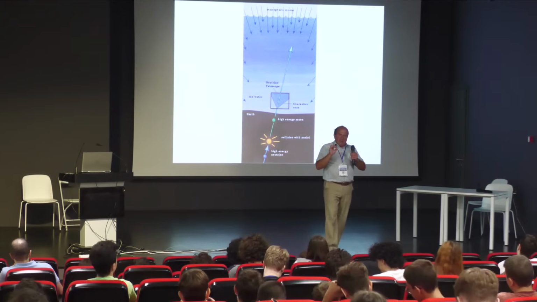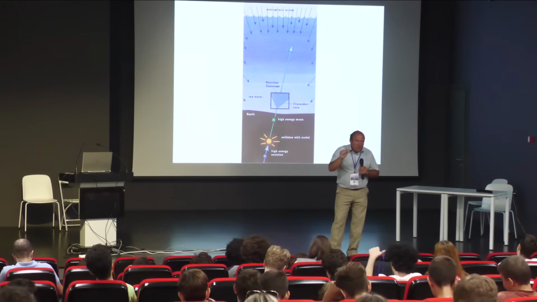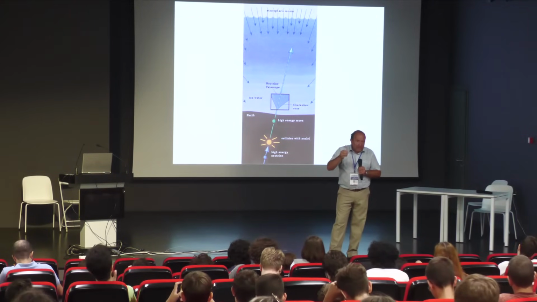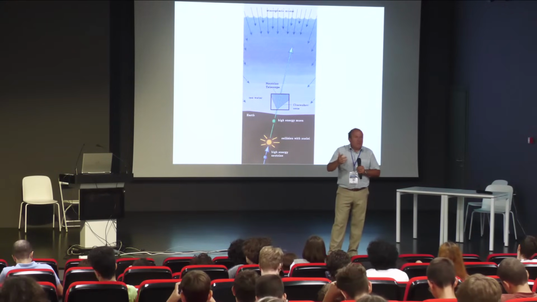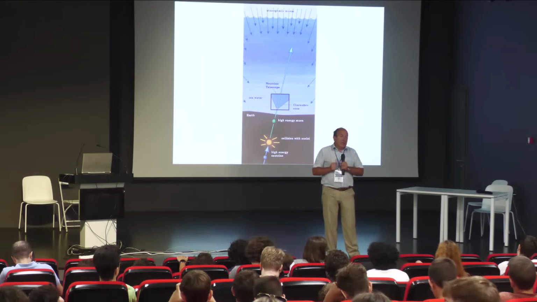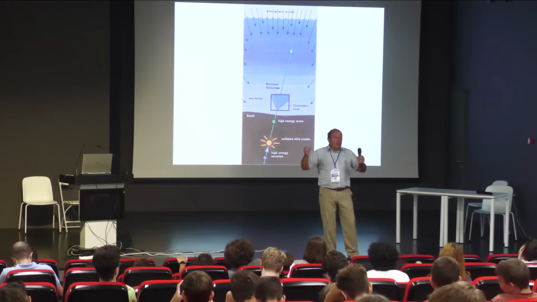But if we are in the ice, if there are bubbles, the attenuation length of the light is going to be decreased. Maybe it's 20 meters. So then I have to bring the detectors closer to make sure that I'm detecting.